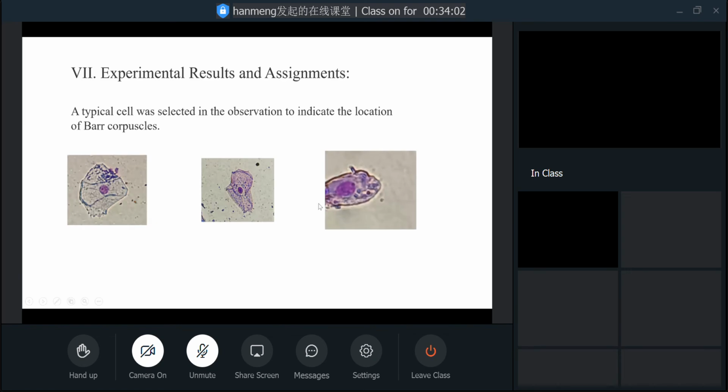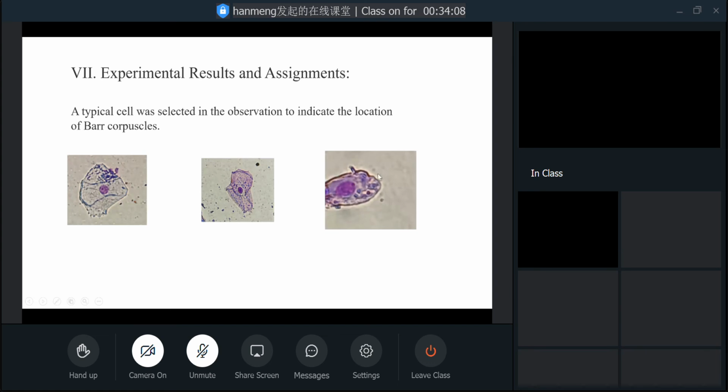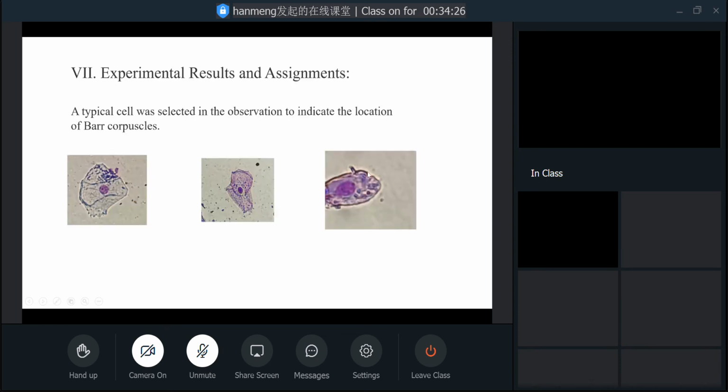Then the last picture shows the Barr body perfectly, but this cell does not have a clear cell contour and clear nuclear membrane, so I just show you a part of this picture.